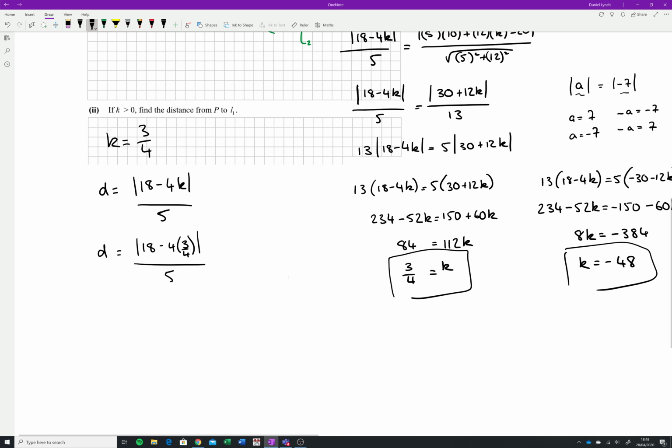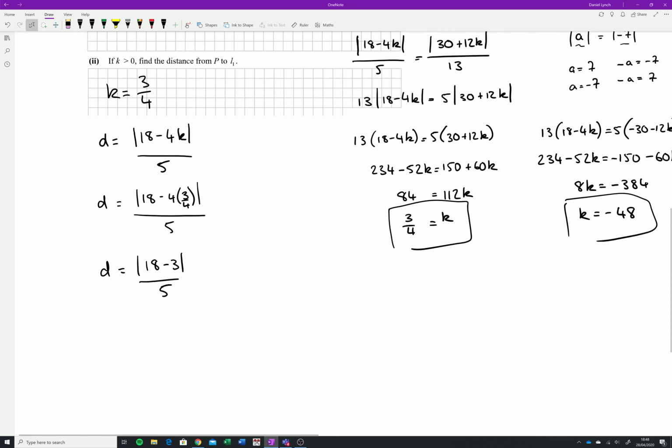We won't even need our calculator for this. So it's the absolute value of (18 minus 3) over 5. So our distance is equal to the absolute value of 15 divided by 5. The absolute value of 15 is just 15. And when you divide that by 5, you get 3. So there you go. You get 3 as your answer there.